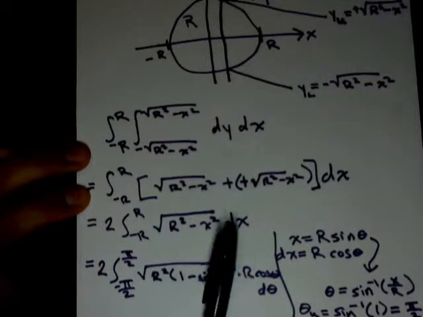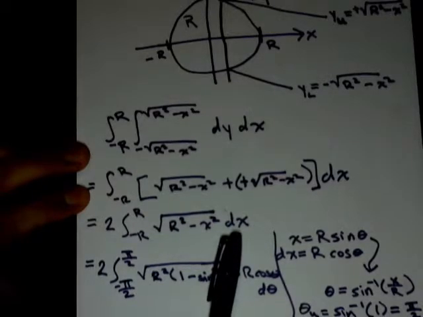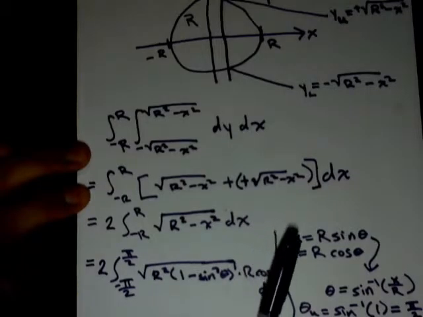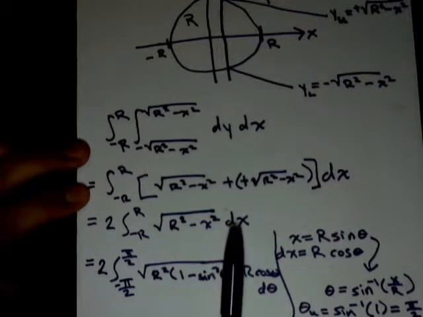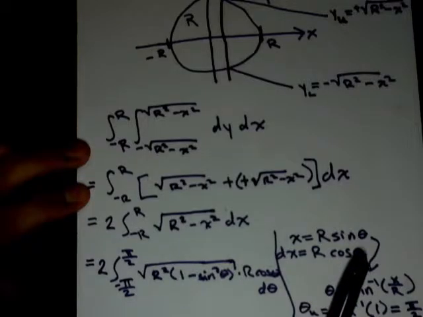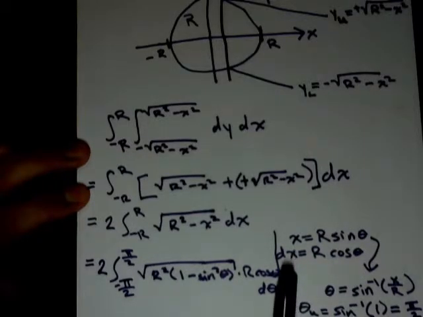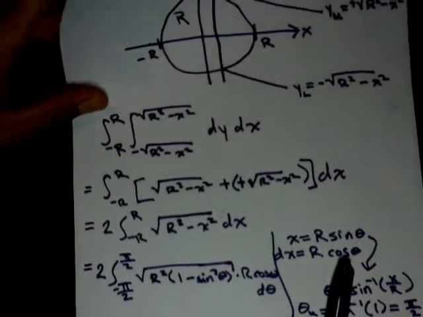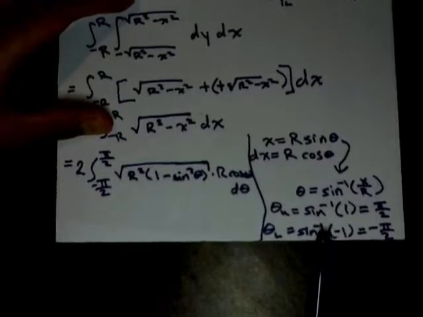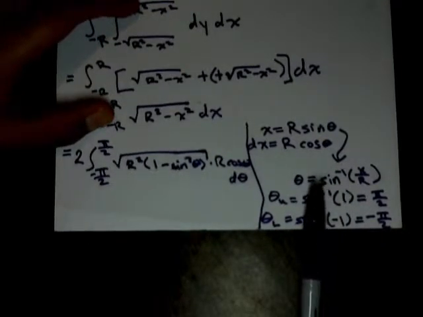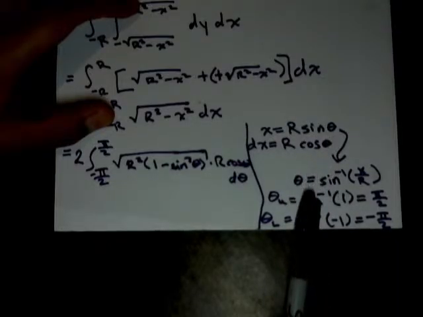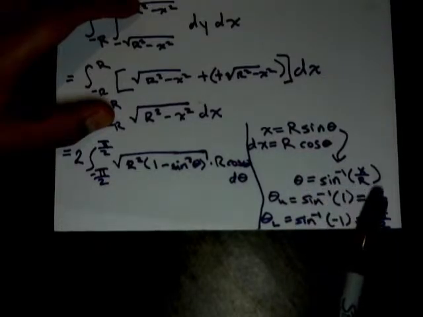And this is the trickier part, because it's not too obvious how you should integrate this unless you know integrating techniques. So on this, we're going to have to do a change of variables, and we're going to let x equal r sine theta, and our differential is going to be dx equals r times cosine theta. We're going to go ahead and calculate our limits of integration for our change of variables. We're just going to solve for theta, and that's going to equal theta equals sine inverse of x over r.